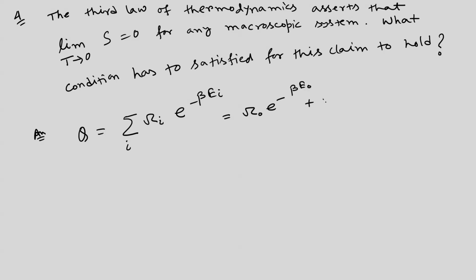If we expand it, we get omega 0 e to the minus beta E0 plus omega 1 e to the minus beta E1 plus omega 2 e to the minus beta E2, etc., where omega 0, omega 1, omega 2 are the degeneracies of the ground state, first excited state, and second excited state.